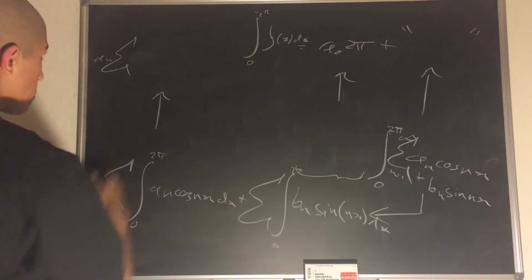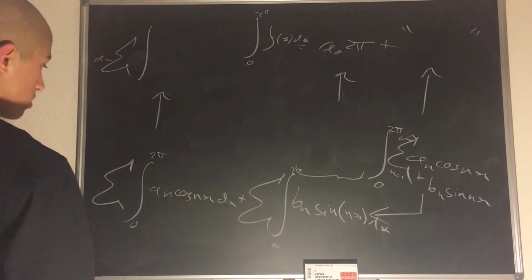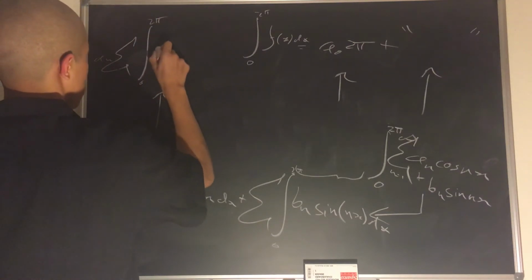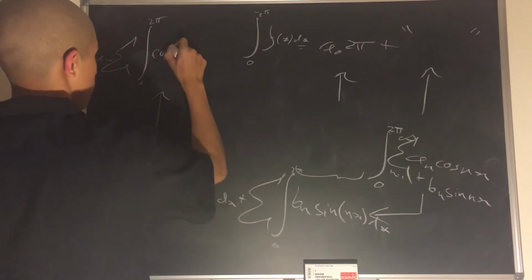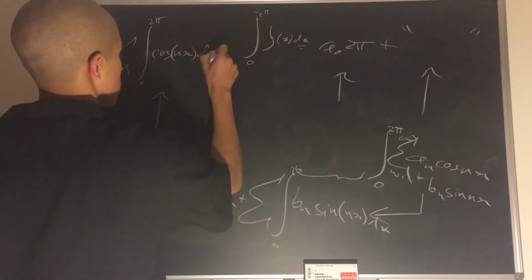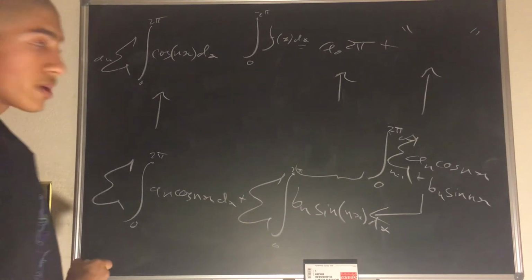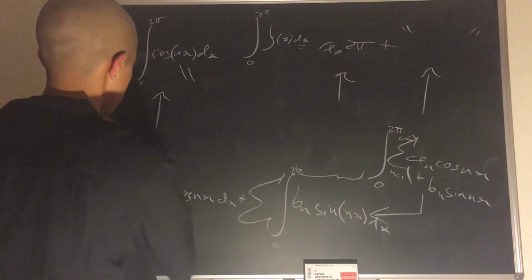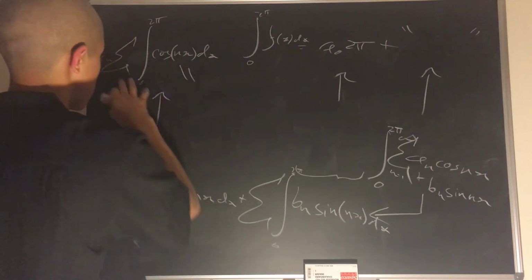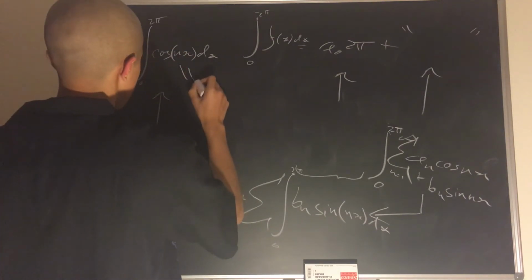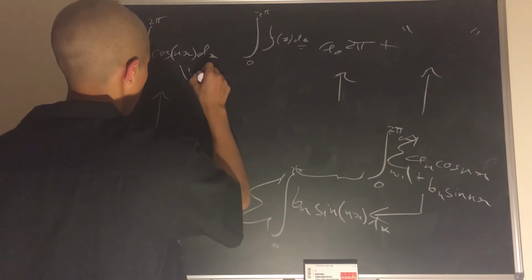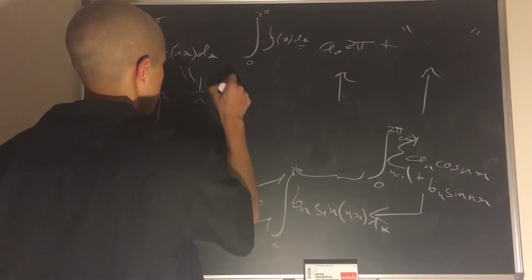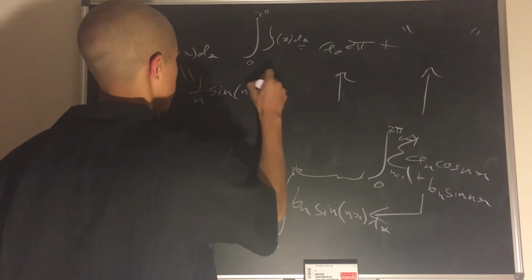An multiplied by the sum of the integral from 0 to 2 pi of cosine of nx dx. Now we ask ourselves, what is this equal to? That is equal to simply the integral, not the sum. Simply the integral is equal to 1 by n multiplied by the sine of nx.